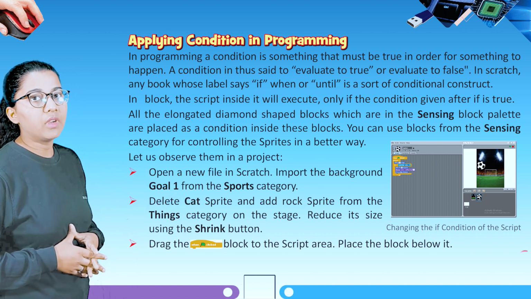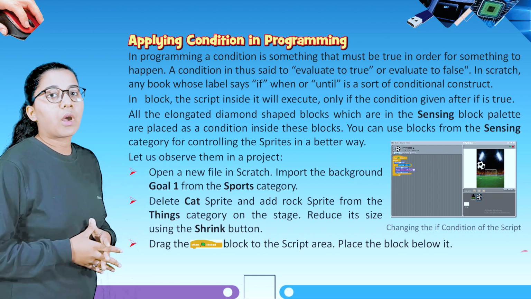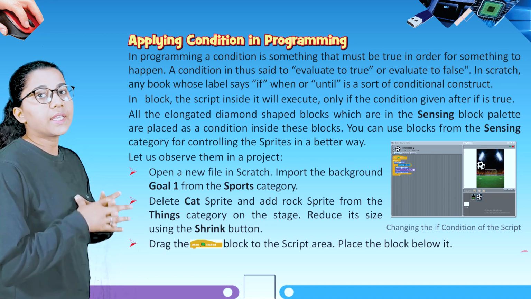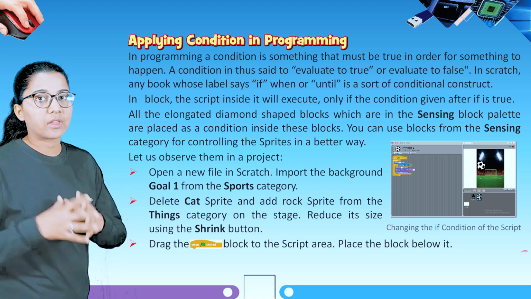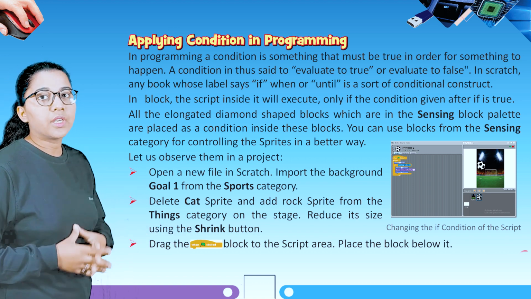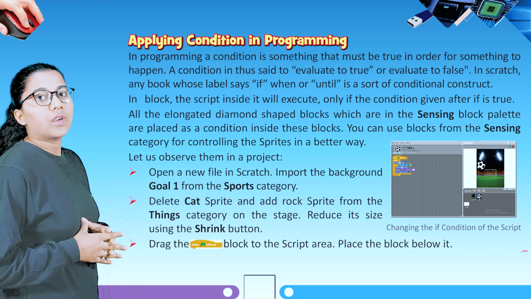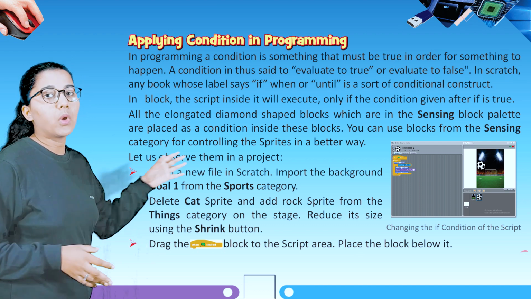So first, we open a new file in Scratch, import the background Ball1 from the sports category, delete the cat sprite and add the rock sprite from the things category on the stage. Reduce its size using the shrink button. Drag the block to the script area, place the block below it.